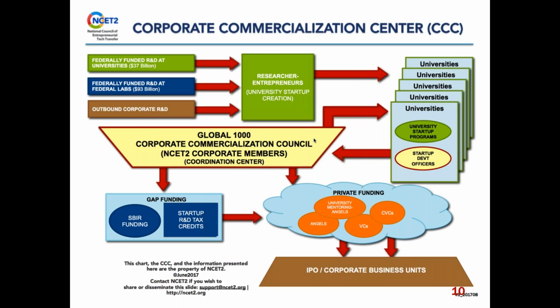Those startups can be connected to corporate interests and investors through the Corporate Commercialization Council, RCCC as we call it. That supplies gap funding that can move them towards private investment or stand up in the IPO.